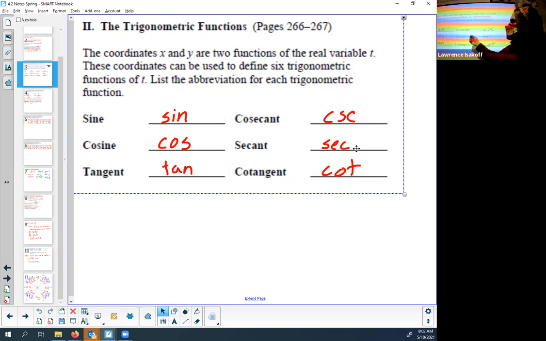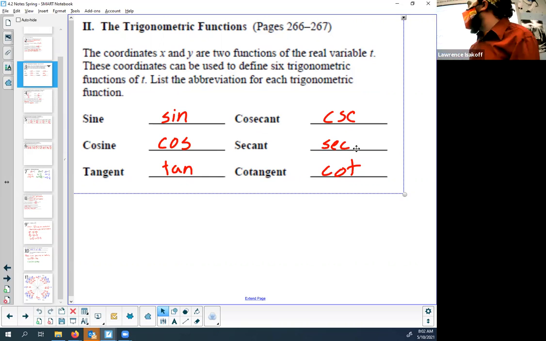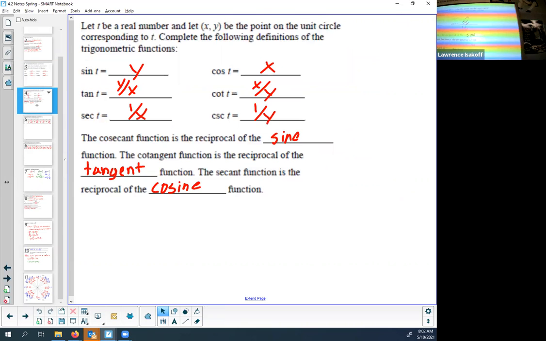So if I want to know what secant is, I take the reciprocal of cosine. Cotangent is the reciprocal of tangent. Cosecant is the reciprocal of sine. I know I'm moving a little fast here, just trying to get everything in.